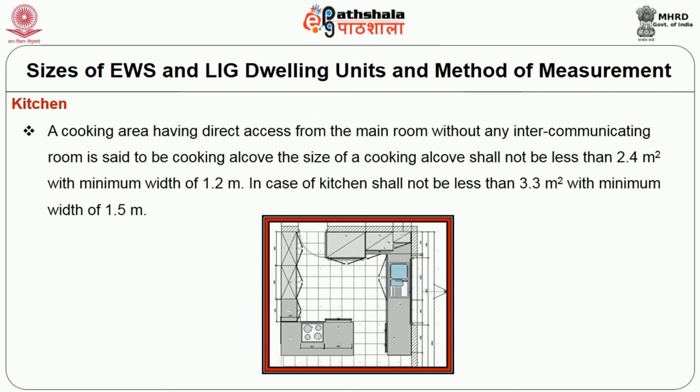A cooking area having direct access from the main room without any intercommunicating room is called a cooking alcove. The size of a cooking alcove shall not be less than 2.54 square meter with a minimum width of 1.2 meter. In case of a kitchen, it shall not be less than 3.3 meter square with a minimum width of 1.5 meter.